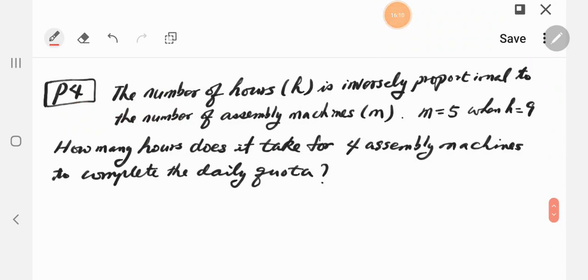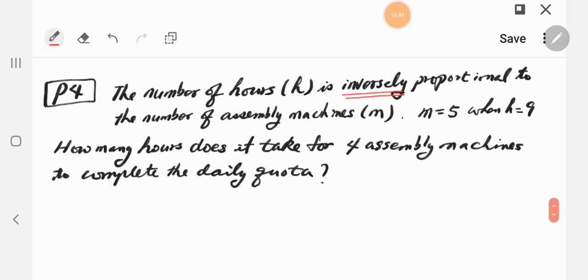All right, the number of hours H to complete a daily quota is inversely proportional to the number of assembly machines. If there are 5 assembly machines, then the number of hours to complete the daily quota is 9 hours.